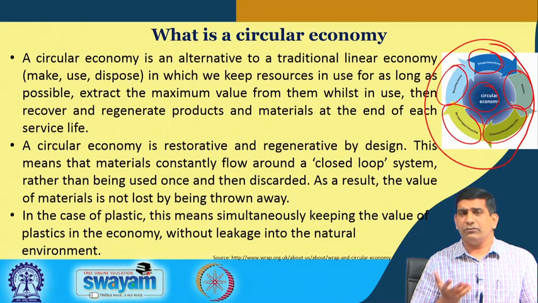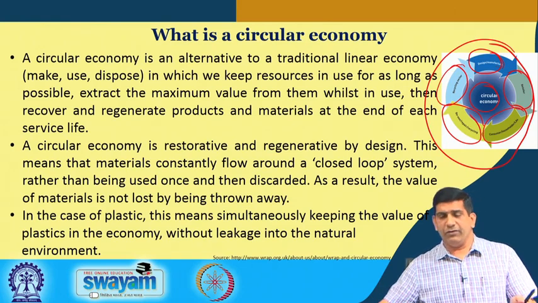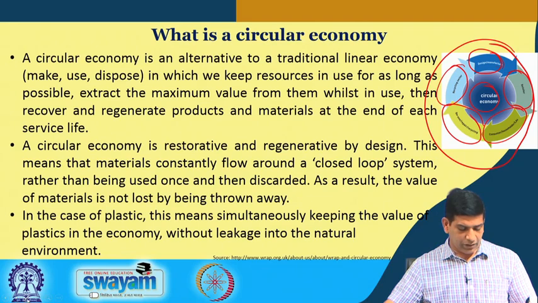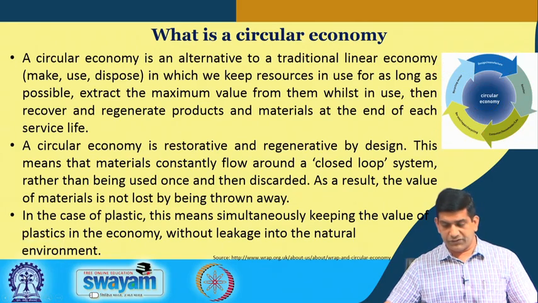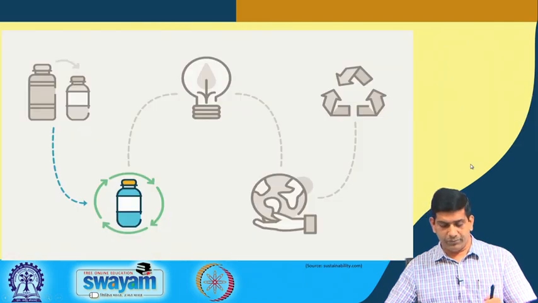So that's what we need to focus on when we talk about the circular economy, where essentially you are moving from a linear economy to a circular economy, which is helpful in terms of managing plastic waste.